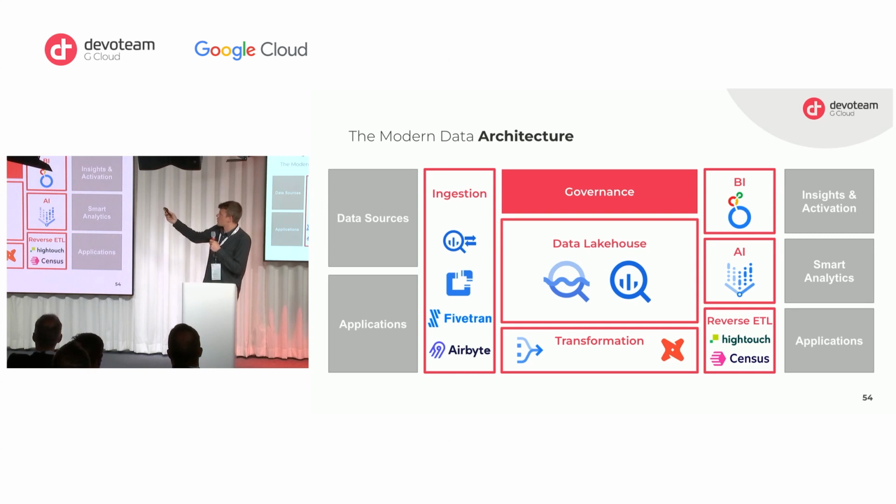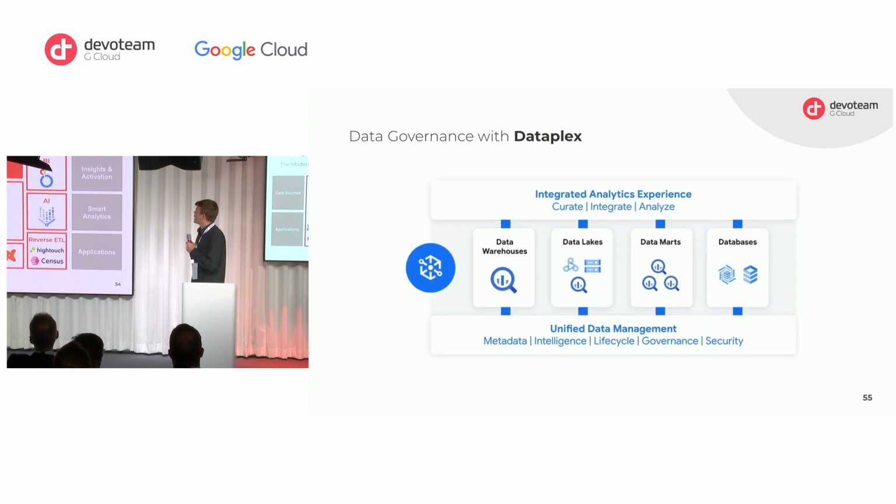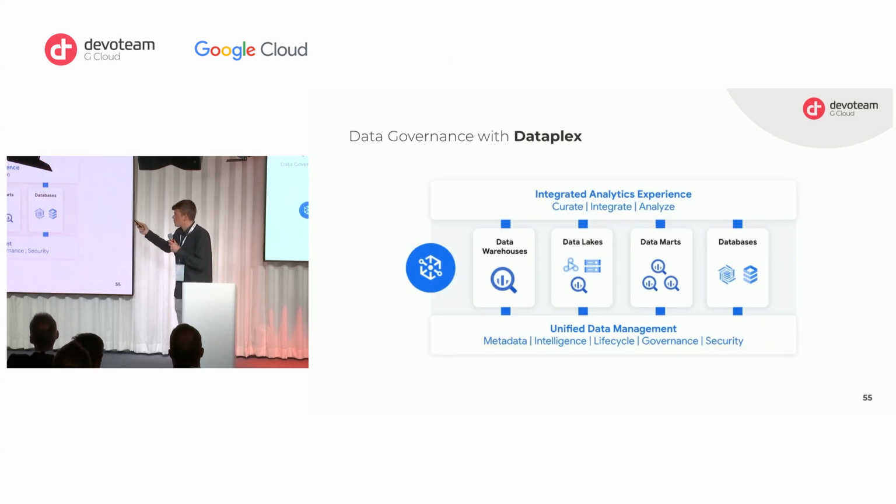Then we have the governance layer. Having all of this data is nice, and we get value out of it, but you need to make sure to keep it secure, to think of privacy, to be able to govern it, so that it doesn't become the Wild West. This is what Google Cloud offers with Google Cloud Dataplex.